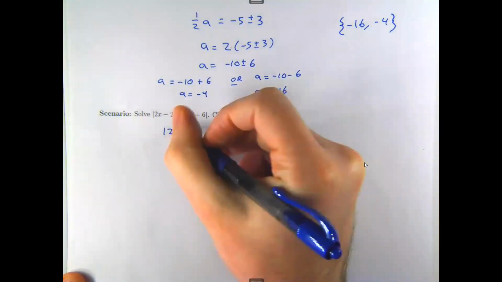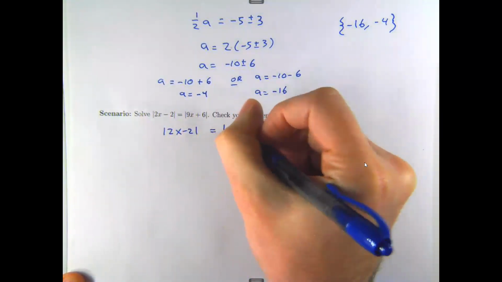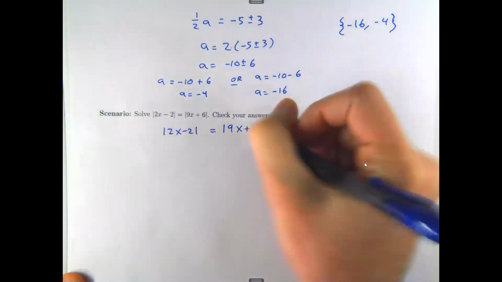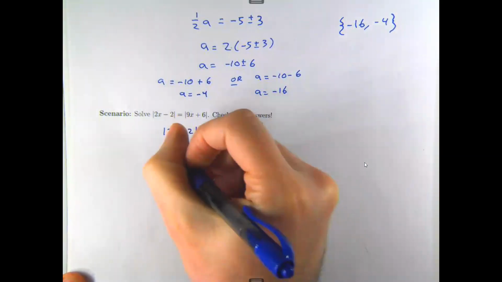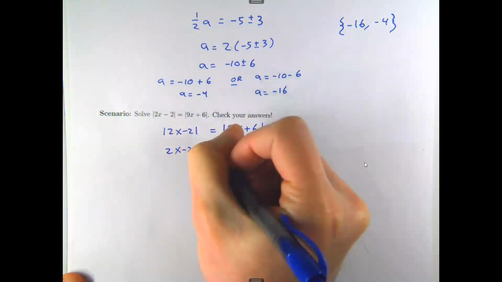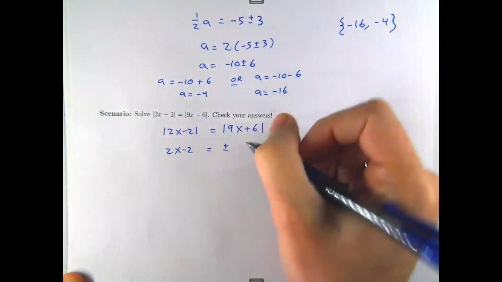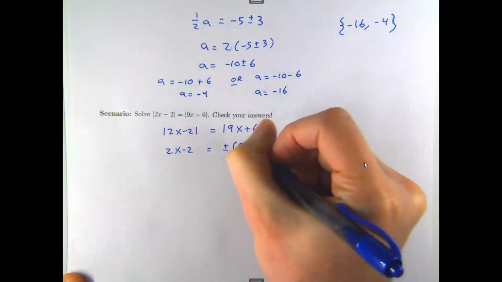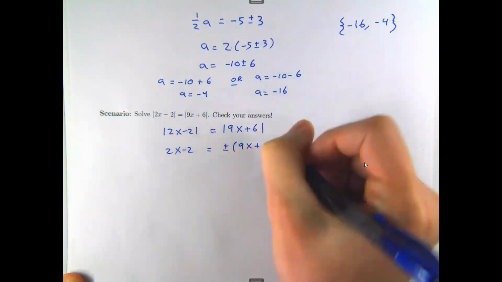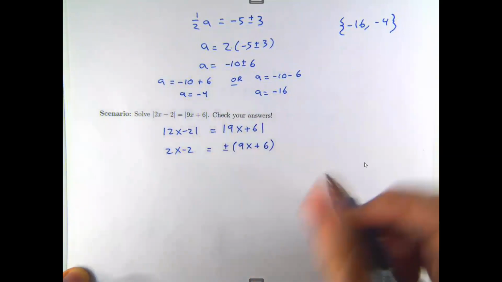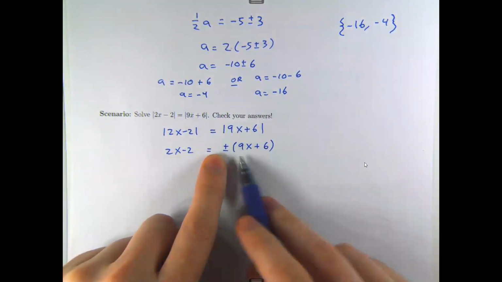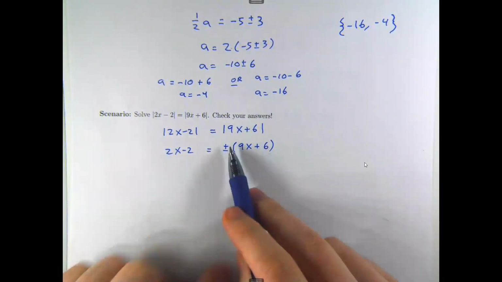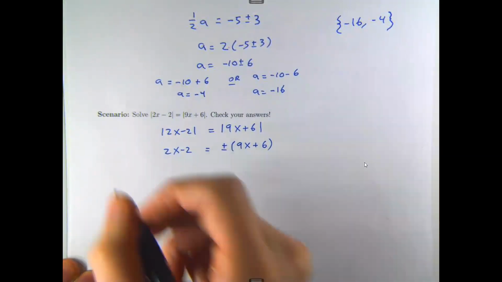So absolute value of 2x minus 2 equals absolute value of 9x plus 6. I'm going to take away the absolute value symbols. I'm going to have plus or minus this right side. And I want you to notice something. It's plus or minus this entire side. So it's not a bad idea to split this from the start.